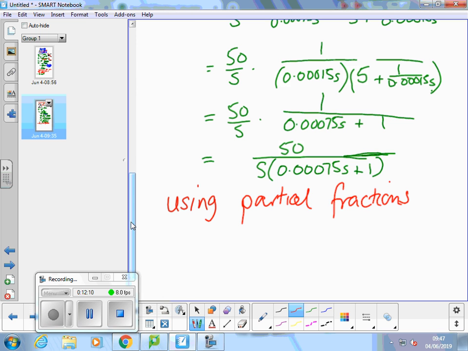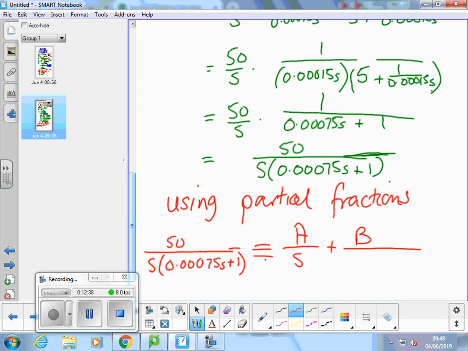So using partial fractions, we can say that 50 over S times the bracket is equivalent to A over S plus B over S plus 1.